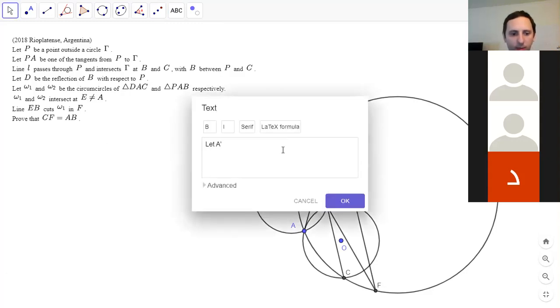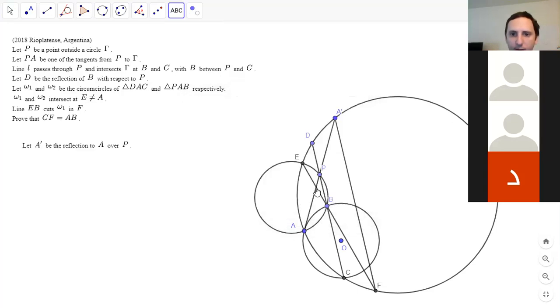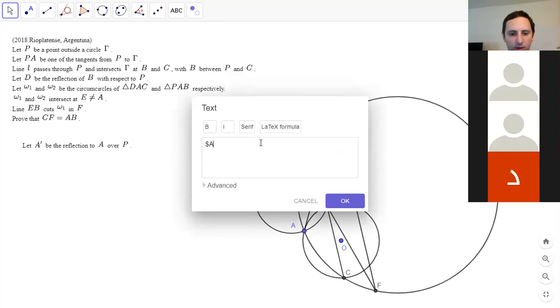So let A prime be the reflection of A over P. So that means that A prime DAB is a parallelogram, since AP equals A prime P and BP equals PD.